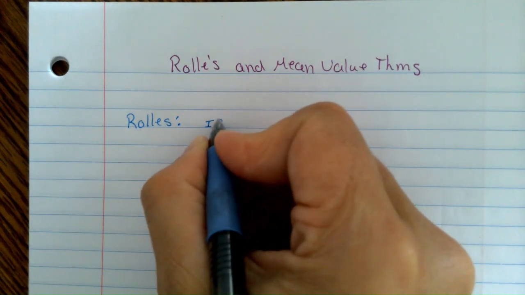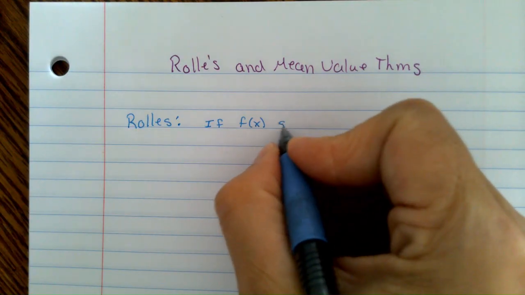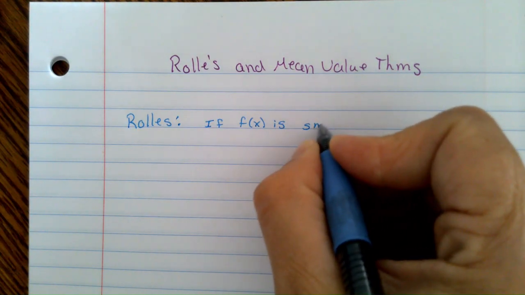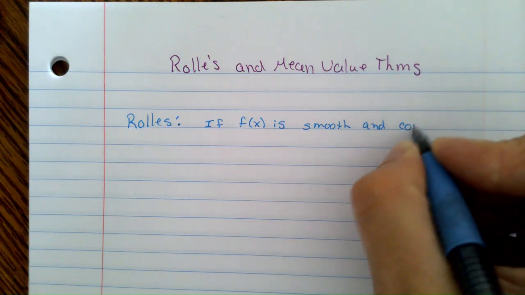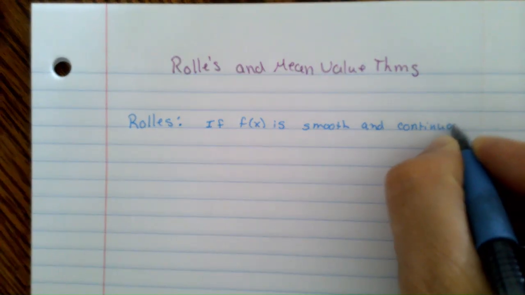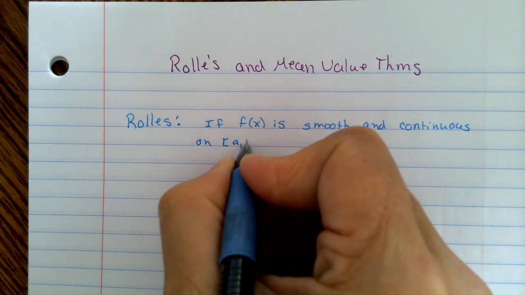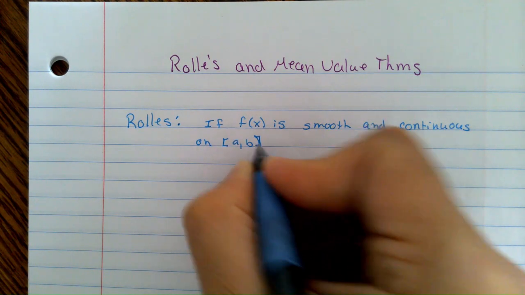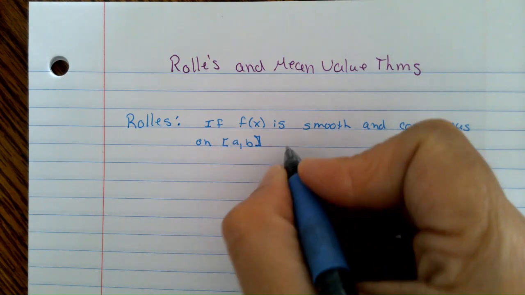So if f of x is smooth and continuous on AB, which means differentiable, right?